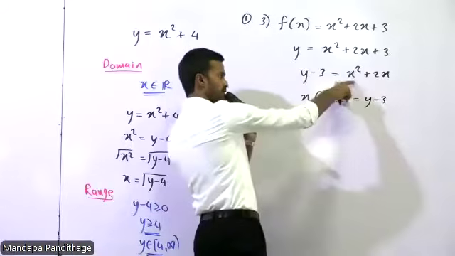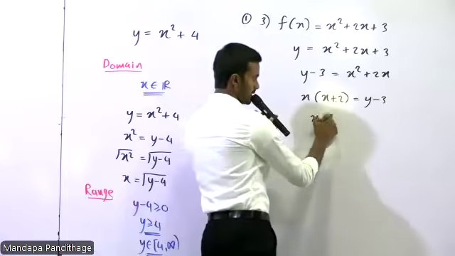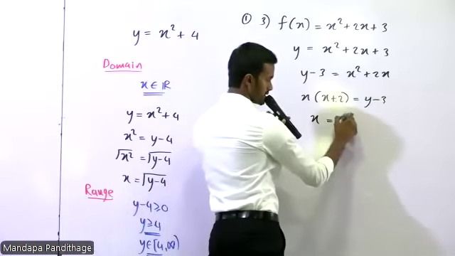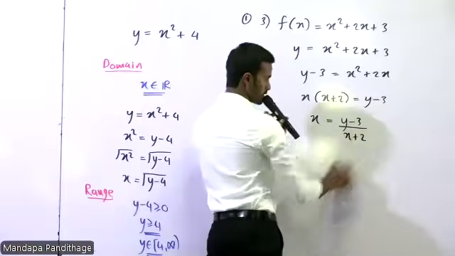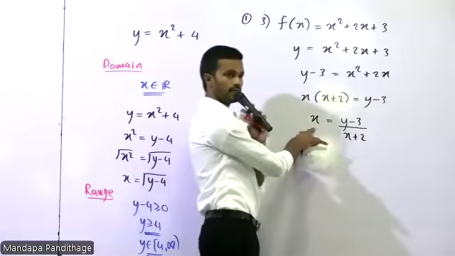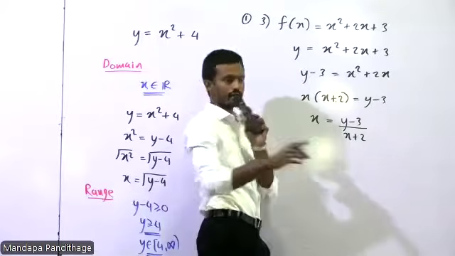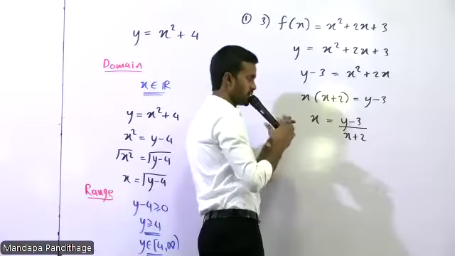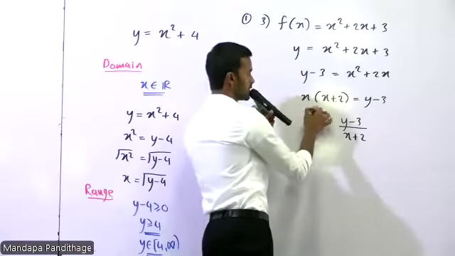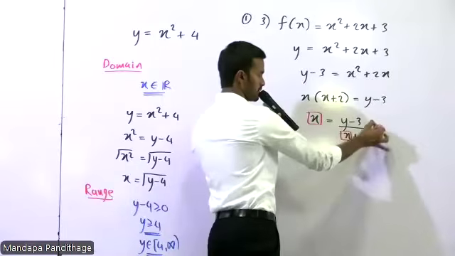Then they have divided by this, which makes x equal to y minus 3 over x plus 2. So what is the error here, and what is meant by subjecting x? When you subject x, there can't be an x on the other side. Here it's wrong because you have said that x is equal to something, but there is still an x here. So this is wrong.